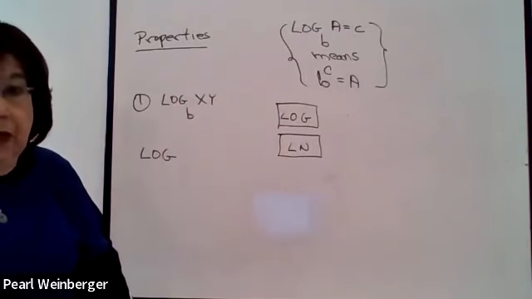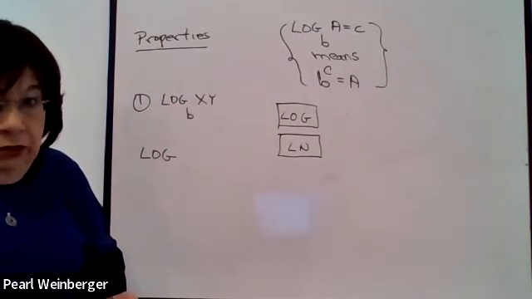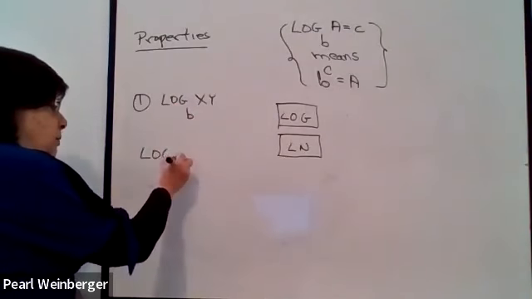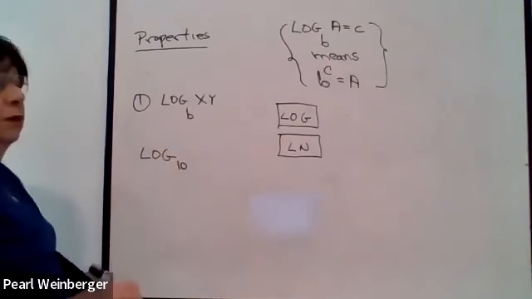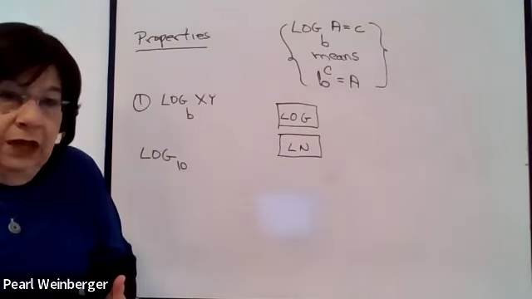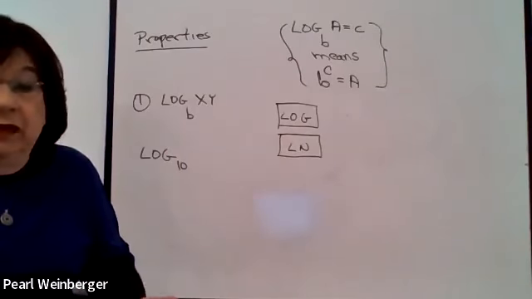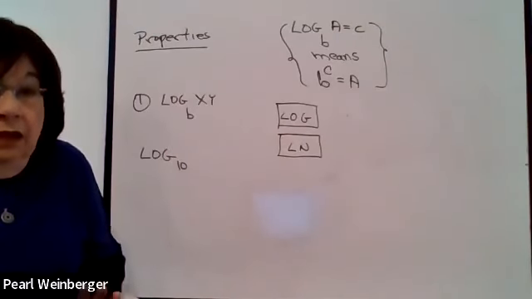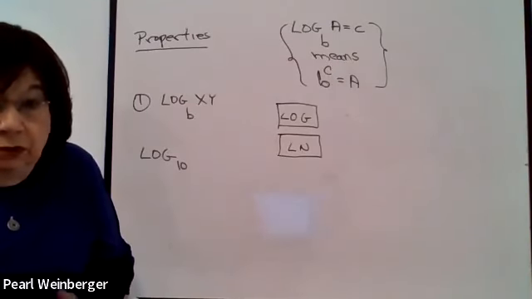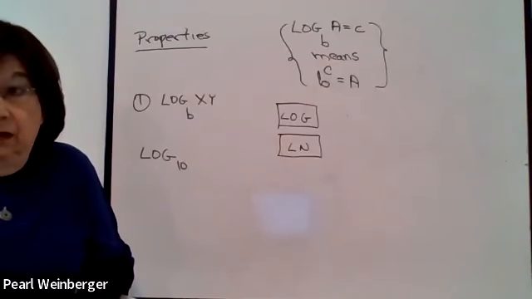It happens to be understood that if the word log is written and there's no base written next to it, the base is understood to be the number 10. Our whole number system is based on the tens. So if we're going to pick any number that would be the easiest to deal with in terms of exponents, probably 10 is the easiest.